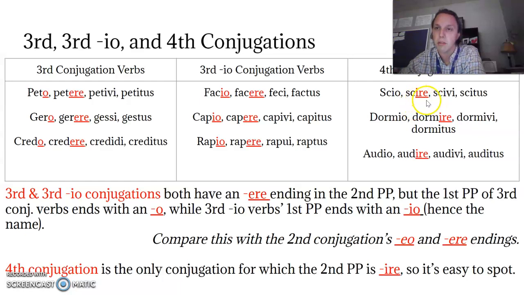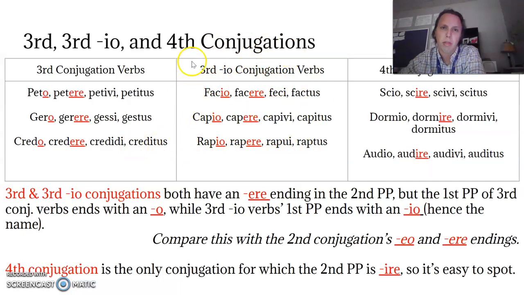Fourth conjugation is the only one that has IRE as its infinitive. So first and fourth are easy to spot because all you need to do is look at the second principal part. If it's ARE, you know it's first. If it's IRE, you know it's fourth. But when the second one is ERE, you're going to be looking at the first principal part as well.